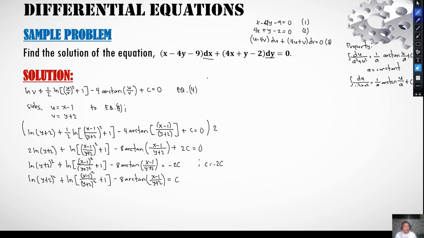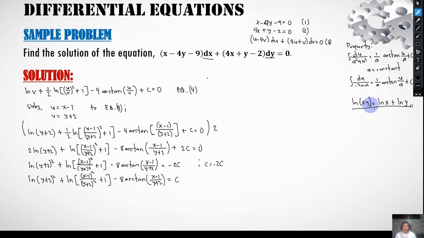Meron tayong property sa logarithm student no, na you have ln of your xy is just equal now to ln of your x plus ln of your y. So, ln of your xy is equal to ln x plus ln y.